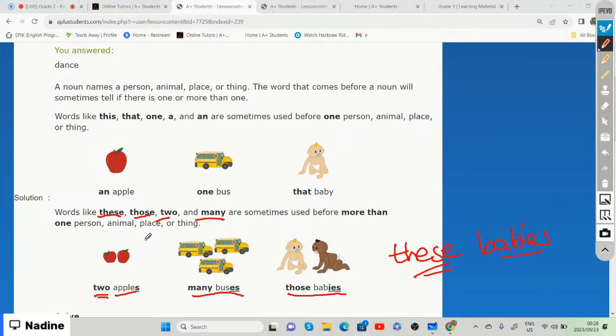So we have singular, and we have words like this, that, one, a, and an that are used before a singular person, animal, place, or thing. And then we have words like these, those, two, and many that are used before more than one person, place, animal, and thing.